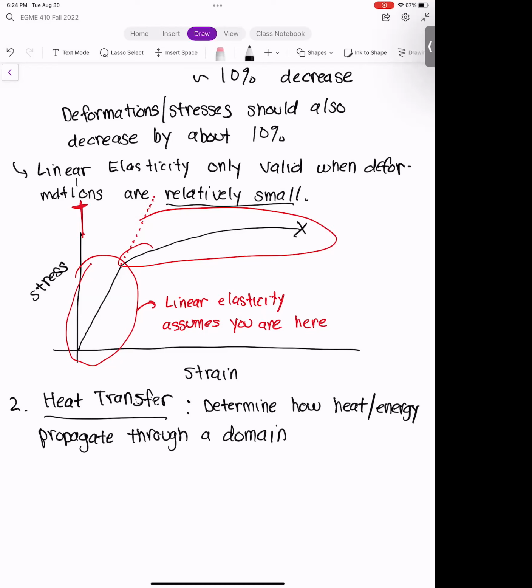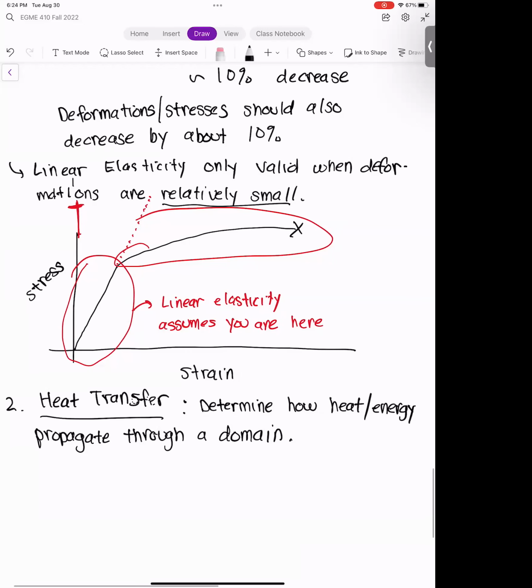Okay. And so your heat equation here is basically an expression of conservation of energy. And what you solve for in thermal simulations is what the temperature is at every location inside your domain.